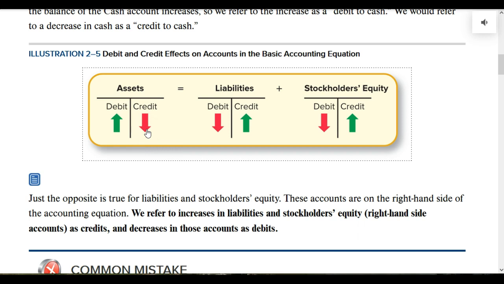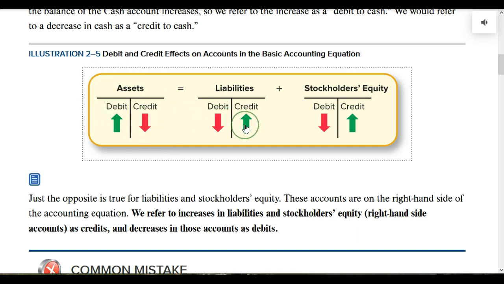So think about cash. Cash is an asset account. So from now on, whenever we increase the cash account, we're going to debit the cash account. Whenever we pay cash out and we need to lower the cash account, we need to credit the cash account. So instead of me saying increase and decrease very much in the future, I'm going to say debit and credit for the assets. So you might think, well, that's not too bad, right?